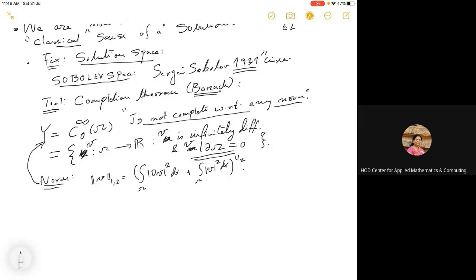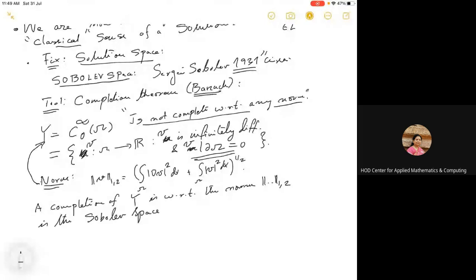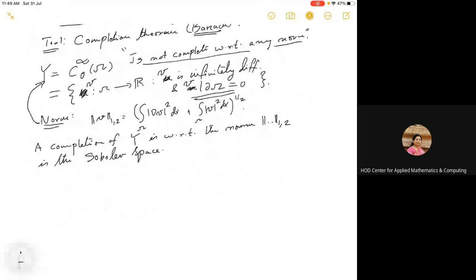And by the completion theorem, a completion of this space with respect to the norm, this is my notation for the Sobolev norm, is the Sobolev space. So this is what a Sobolev space is, and it's denoted as W12.